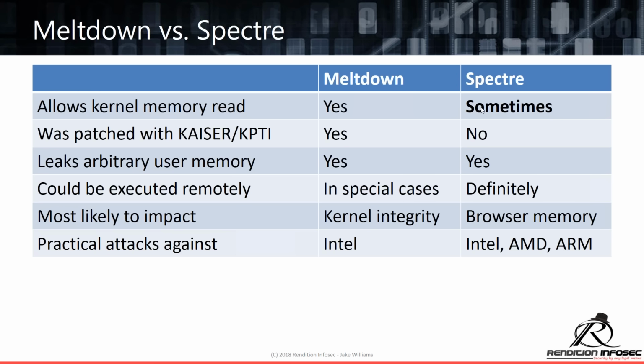Right. So can you leak arbitrary user memory? Yeah, absolutely. Could it be executed remotely? I think Meltdown probably will be. People have argued with me about this, but I think there are some special cases where an attacker can do some type of injection, whether that's a command injection or something else.